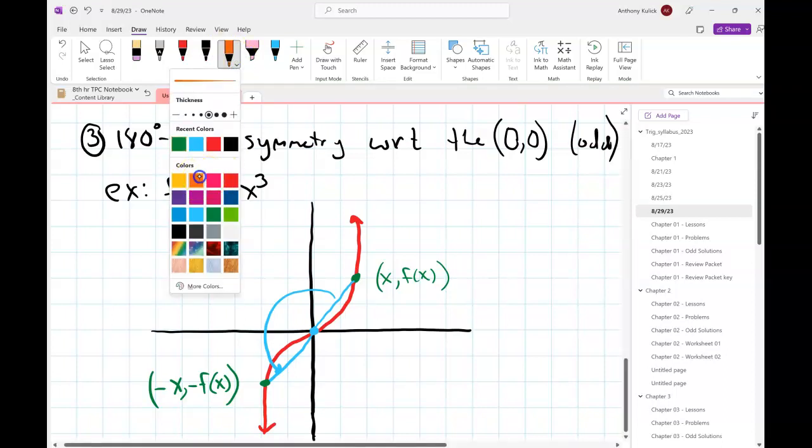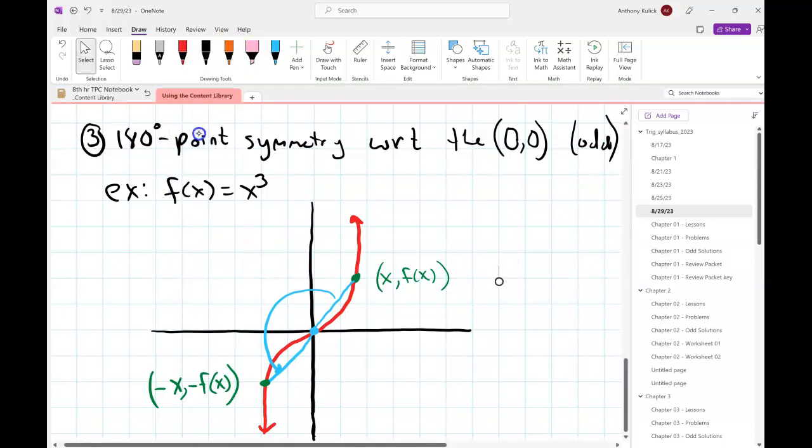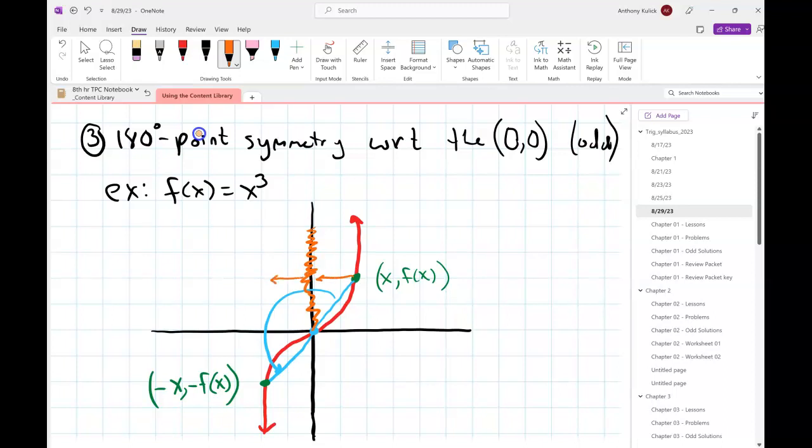Now, equivalent to this is if I imagine a reflection across the x, and then a reflection across the y, I'd be able to get to the same thing. So that's the same thing as a 180-degree rotation.